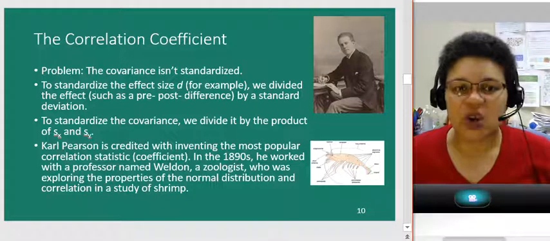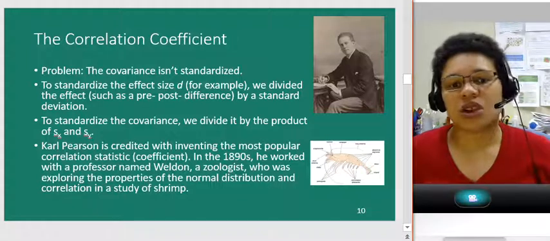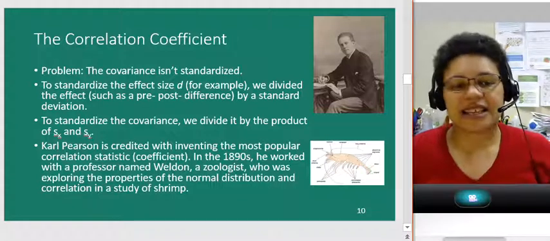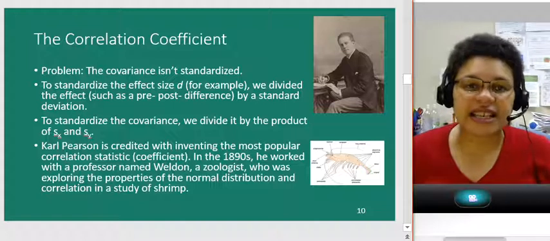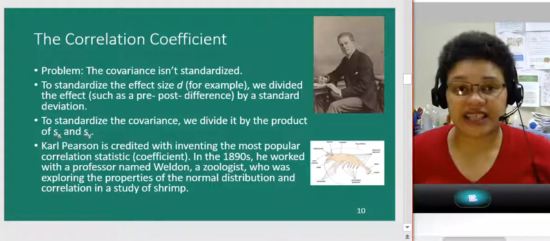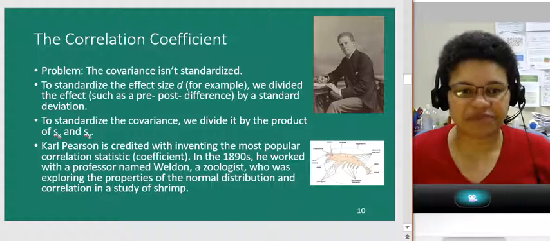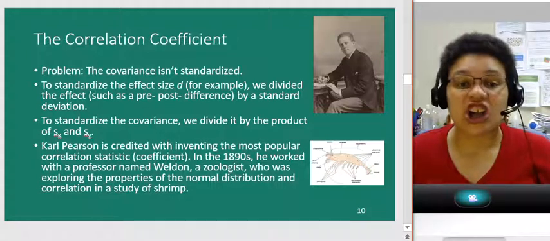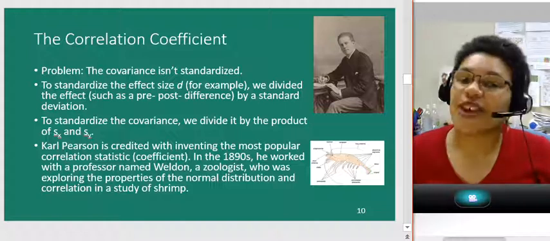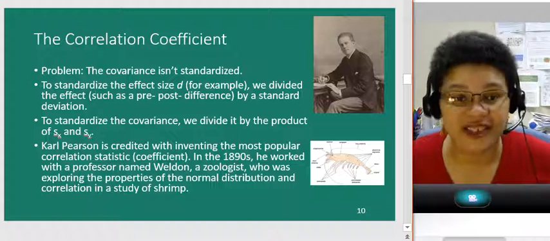Okay, so to standardize effect size, for example, we divide by a standard deviation. Remember how we got z-scores? We were standardizing a distance there by dividing by a standard deviation. To standardize covariance, we divide it by the product of the standard deviation of our first variable and our second variable.